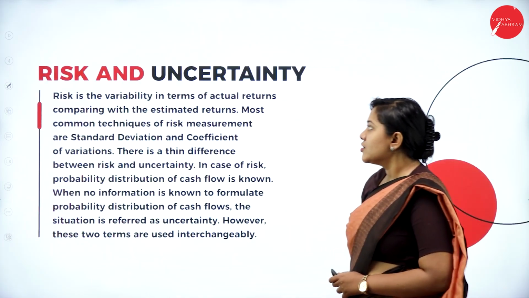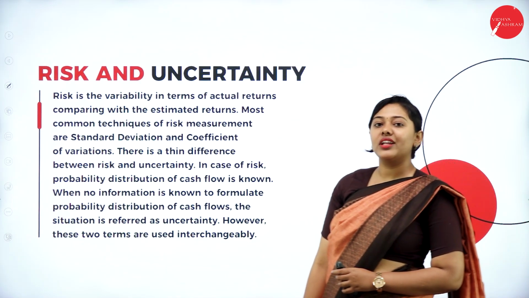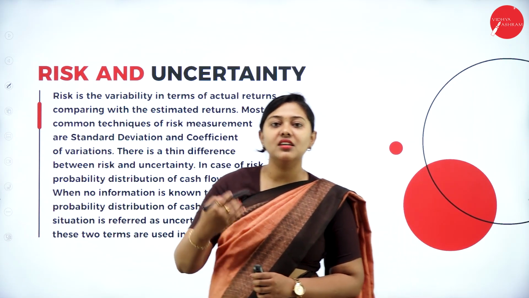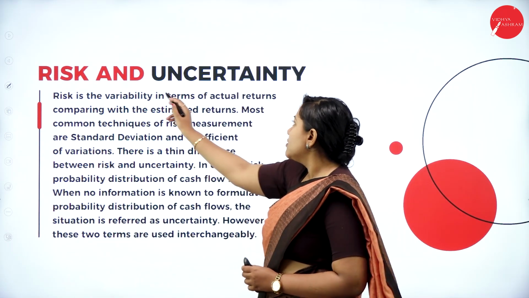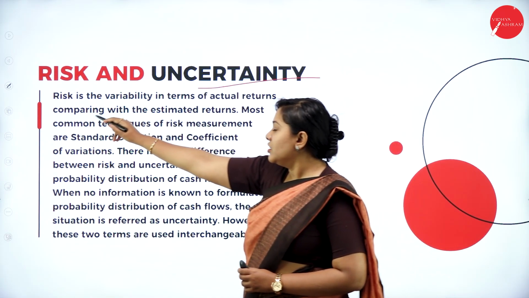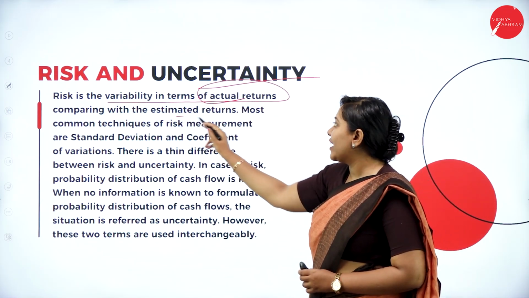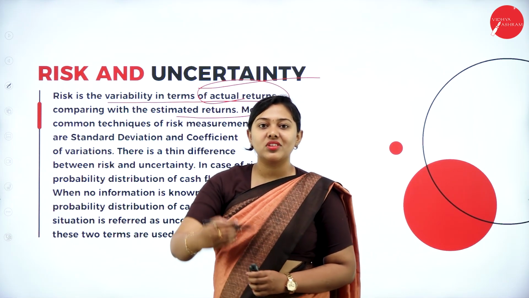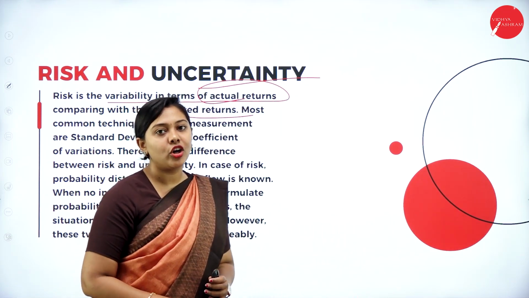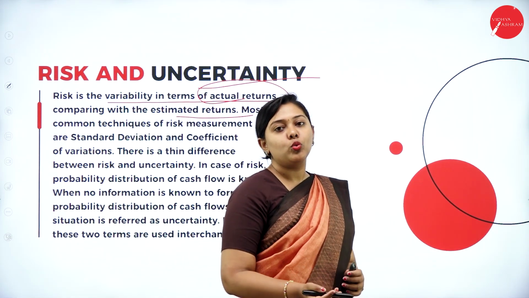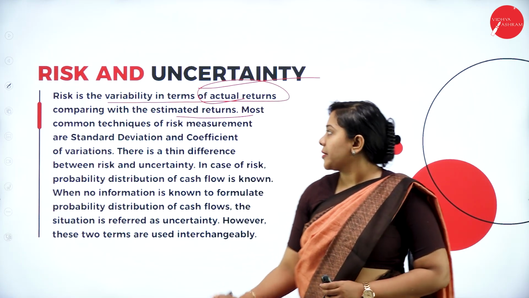Moving forward, what is risk all about? I have already explained risk and uncertainty. Risk is the variability of the actual return compared with the expected return. If you are investing 3 lakh, expecting 3,50,000, but you get 2 lakh, that is risk.